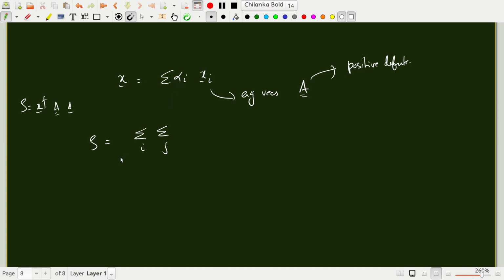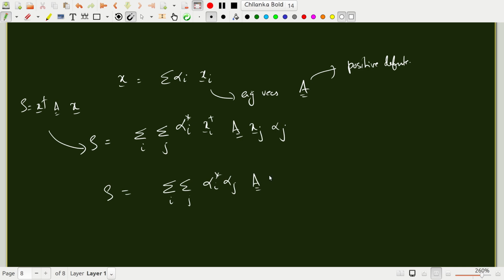Therefore I'll get the double summation of alpha_i star x_i dagger A times alpha_j x_j. Rearranging, I'll get summation i summation j alpha_i star alpha_j x_i dagger A x_j. Now A x_j is lambda_j x_j, so this becomes lambda_j x_i dagger x_j.